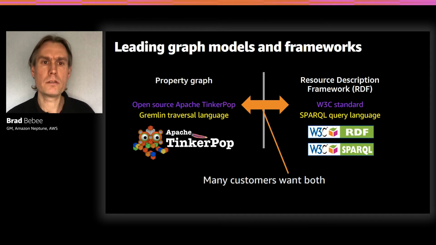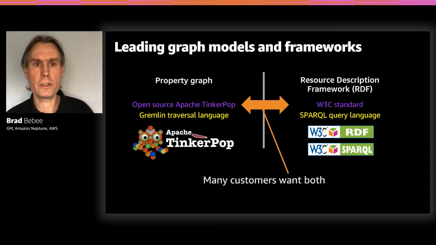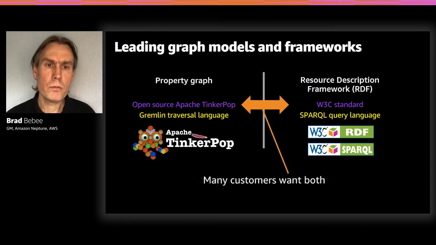You don't think about, do I want to build a property graph? Do I want to build an RDF graph? What are other aspects? And so from our perspective, we want to enable you as a developer, as an application builder, to build a graph and use the framework and the APIs that are best for you. Maybe you want to take advantage of the standardized data interchange formats from RDF.